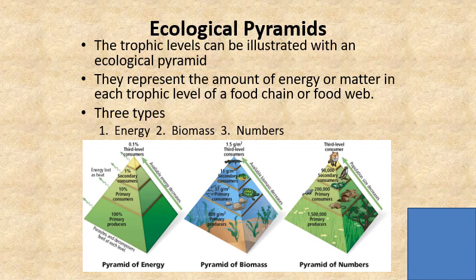So we've discussed how energy enters an ecosystem through the primary producers down here. The use of ecological pyramids supports what we've talked about with food chains and food webs.